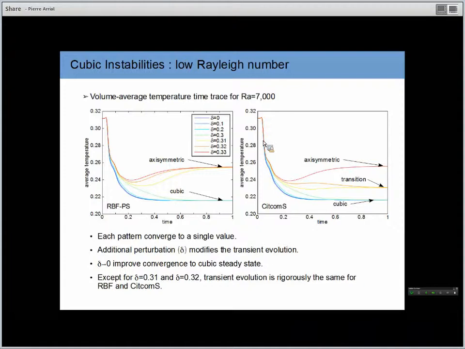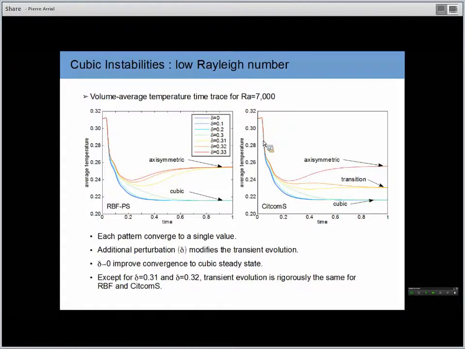The last code that we used is ASPECT. We introduced this code in the comparison really late in the study, so we only performed a few models with ASPECT. ASPECT is a new mantle convection software which can participate in this comparison. It is a finite-element code based on modern libraries like deal.II for finite elements and Trilinos for linear algebra.